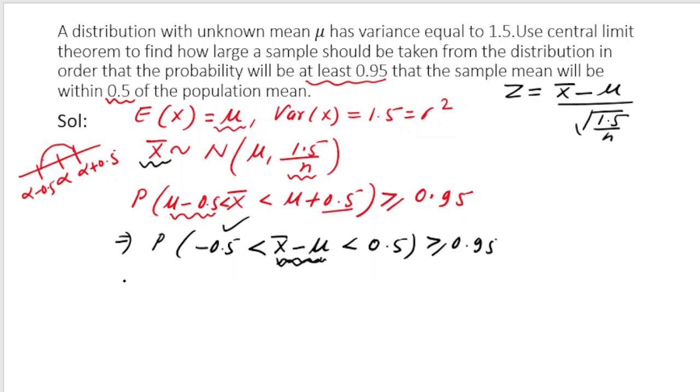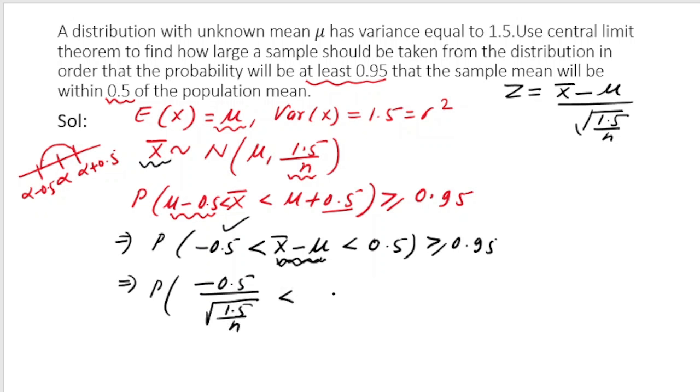So what I am going to do next is divide all three terms by this term, the square root of 1.5 by n, because I want to change it in terms of a standard normal variate. So this expression will become 0.5 divided by the square root of 1.5 by n.